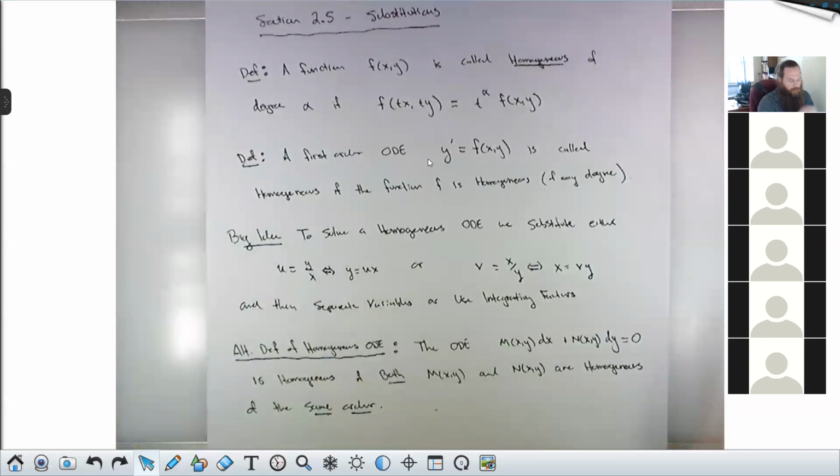And that same order is important. In order for this to work, both M and N have to have the same alpha that pops out.